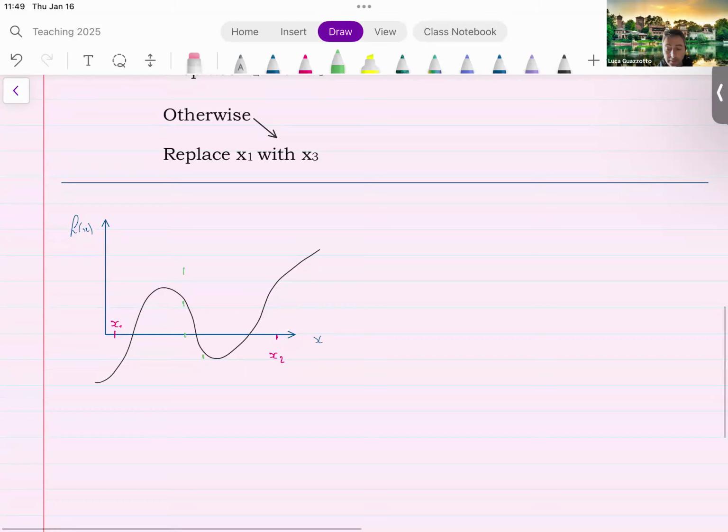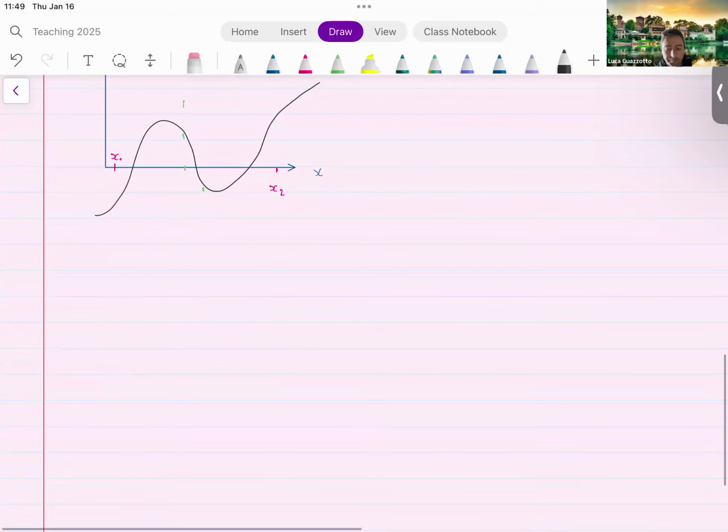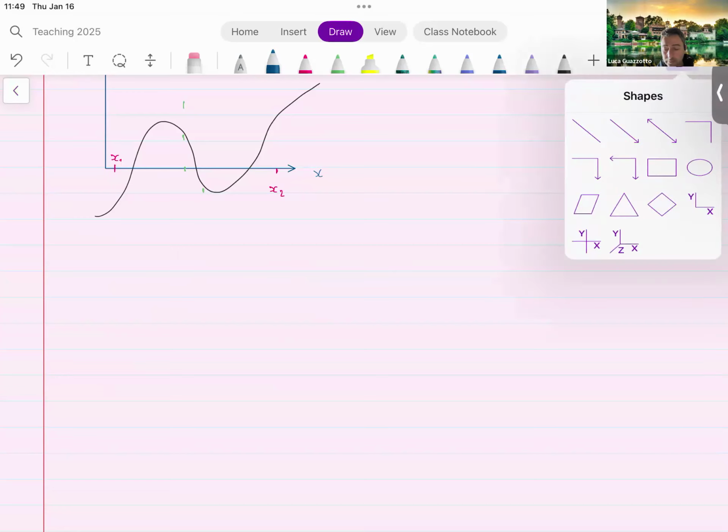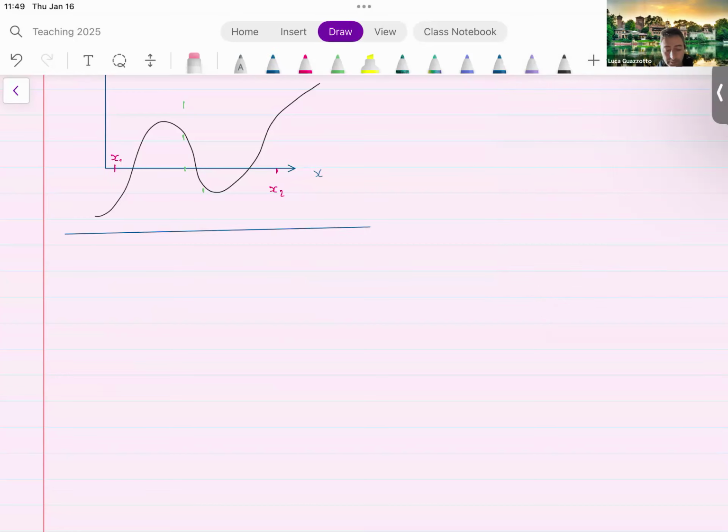The other thing that I want to point out about the bisection method that is related to the slowness of convergence is the following. Should I type?